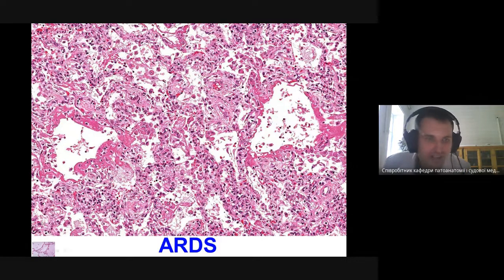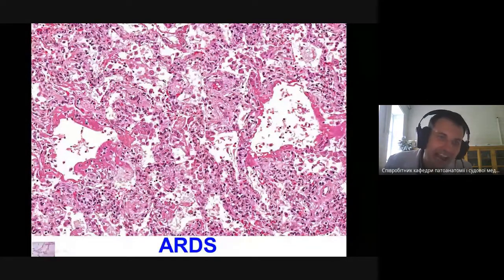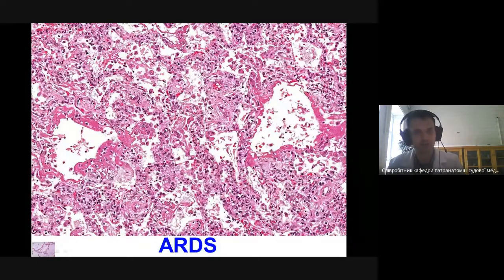ARDS again. You see there hyaline membranes, the most specific feature of this disorder. You see the hyaline formed on the walls of alveoli. Can these alveoli perform their function? No. This hyaline is a block for gas exchange.